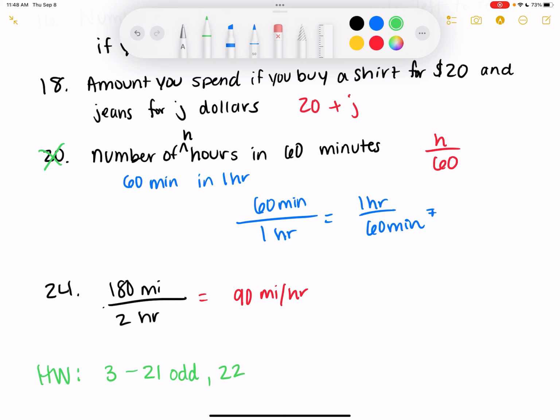And like I said, this one is just simplify for now. So just simplify it down, and then we'll talk about how to convert it. Probably is what we'll do on Monday. We'll deal with conversion.